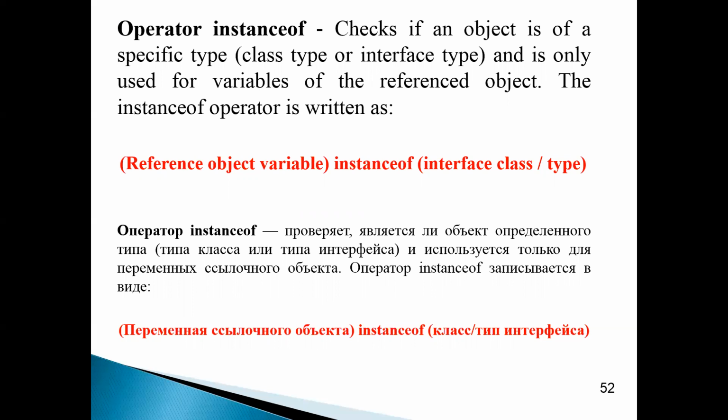Operator instanceof checks if an object is of a specific type, class type, or interface type, and is only used for variables of the reference object. The instanceof operator is written as reference object variable, instanceof, and in the brackets, you can see interface or class type.